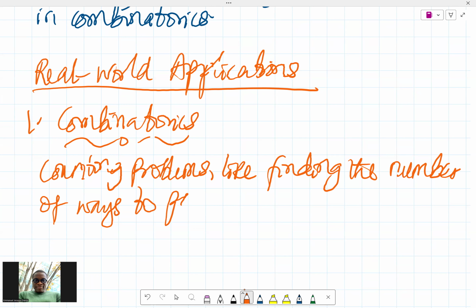These often rely on generating functions.